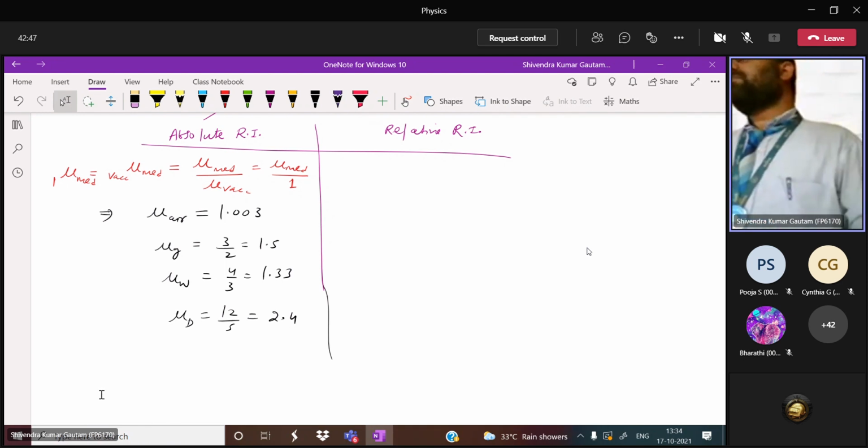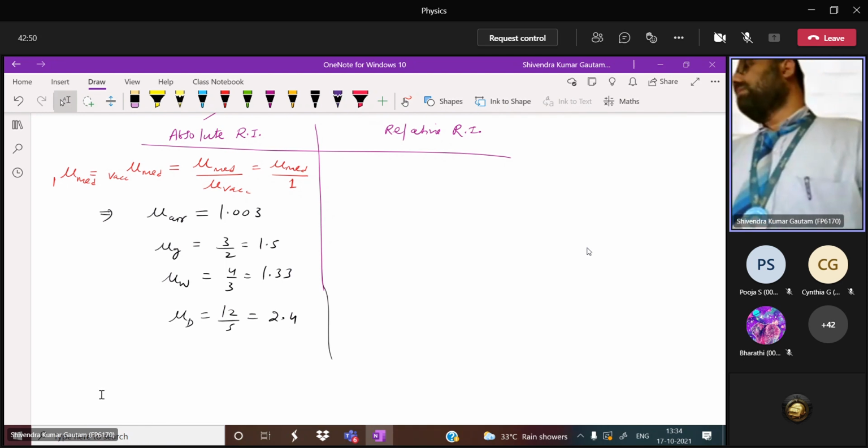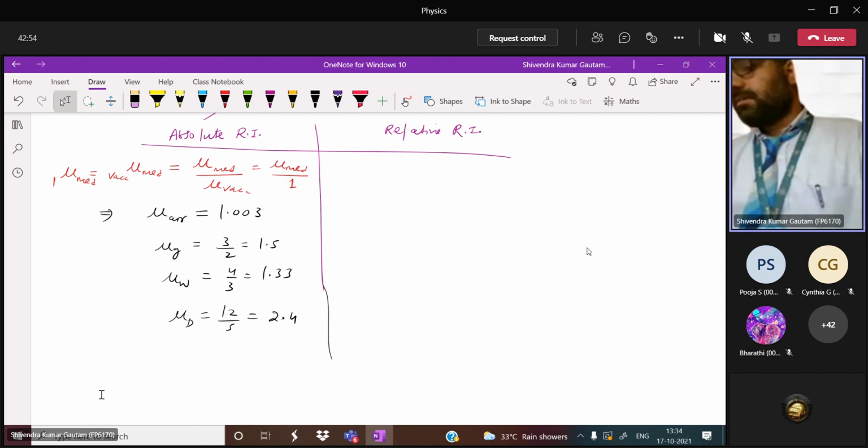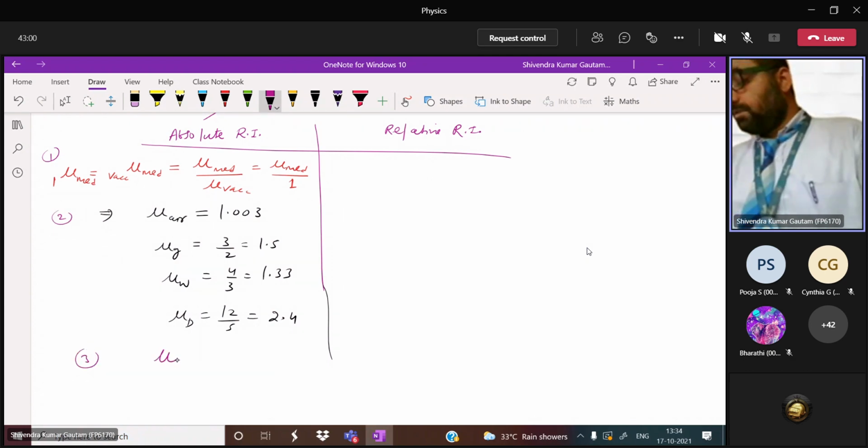Always, absolute refractive index, mu medium, is greater than 1. Always.